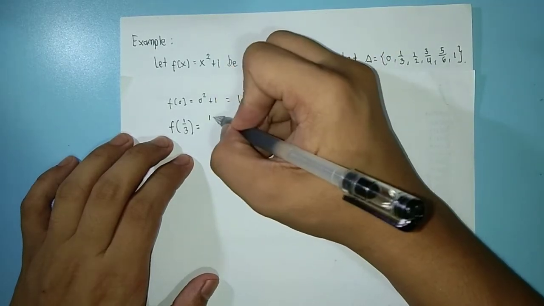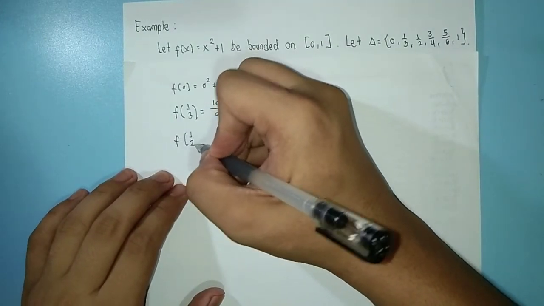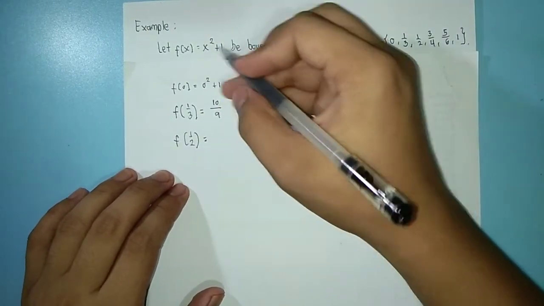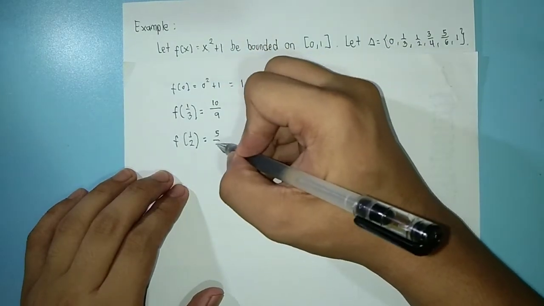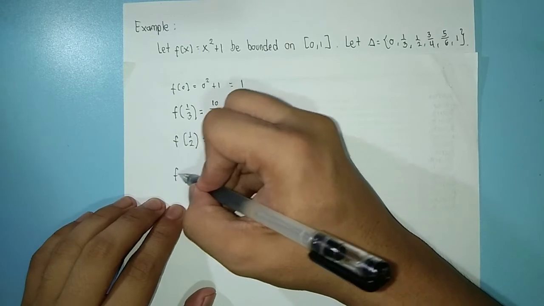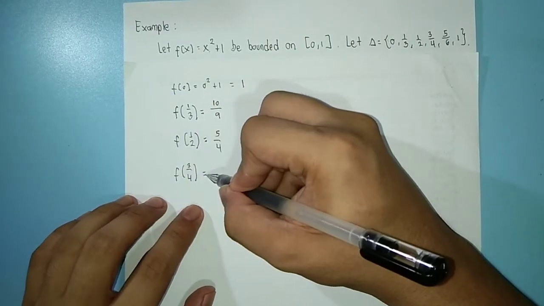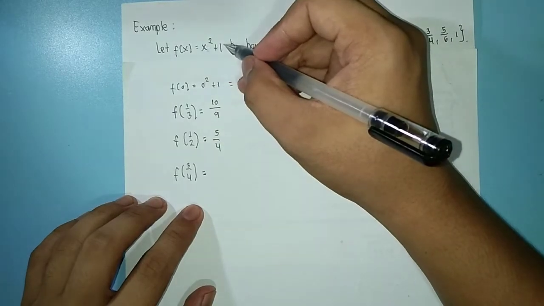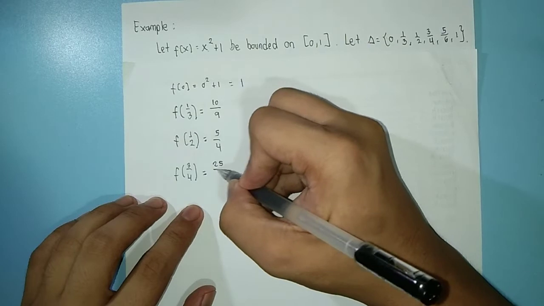That is 10 over 9. Then, f of 1/2 equals 1/2 squared plus 1. So, magiging 5 over 4. Tapos, f of 3 over 4 equals 3 over 4 squared plus 1. That is 25 over 16.